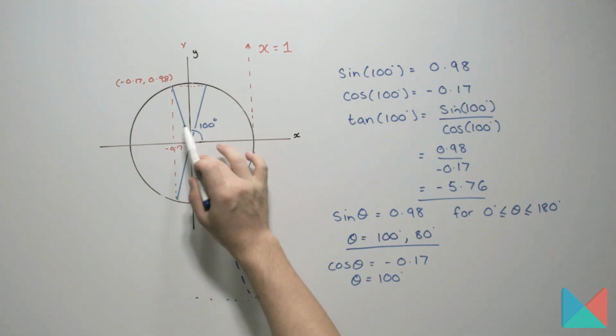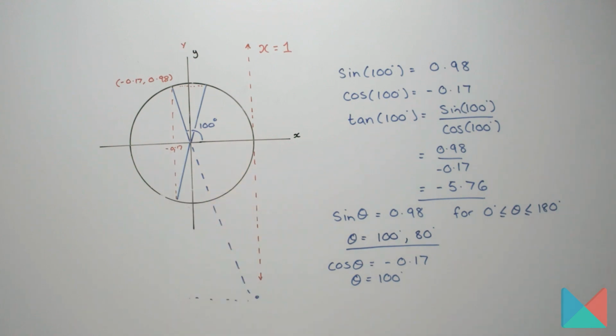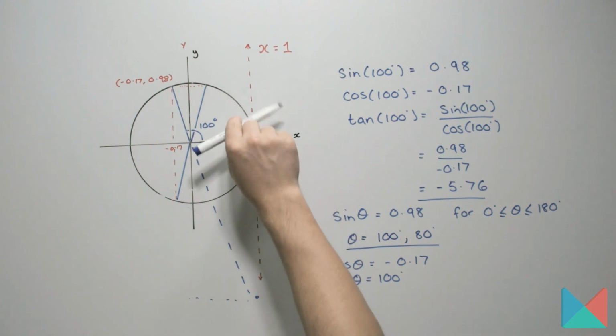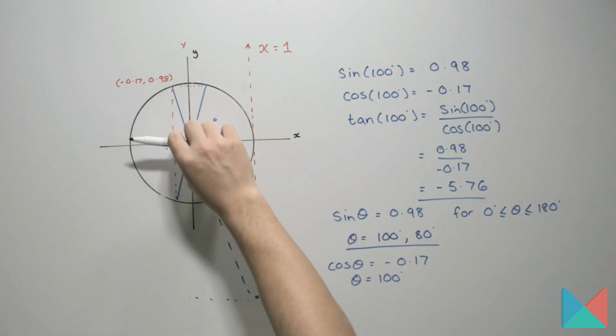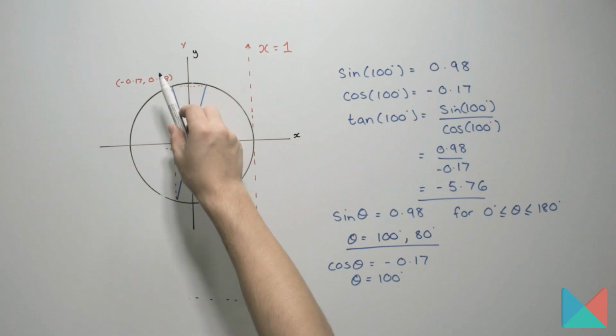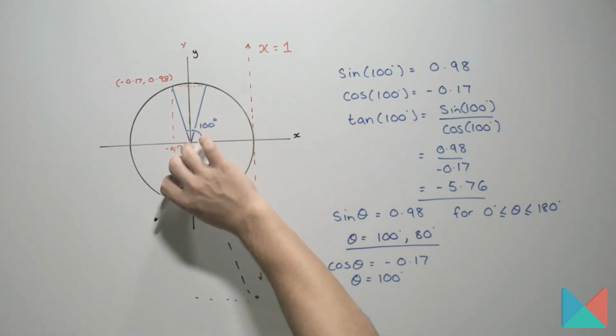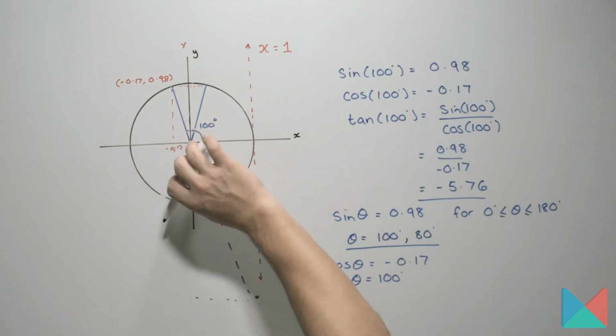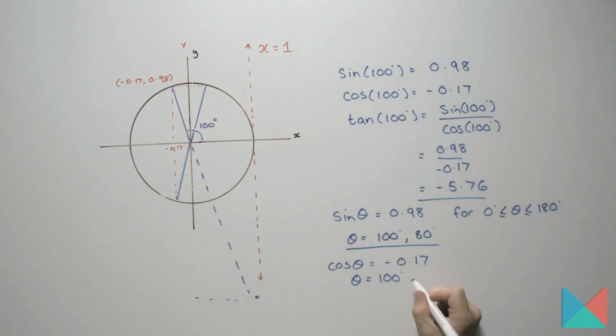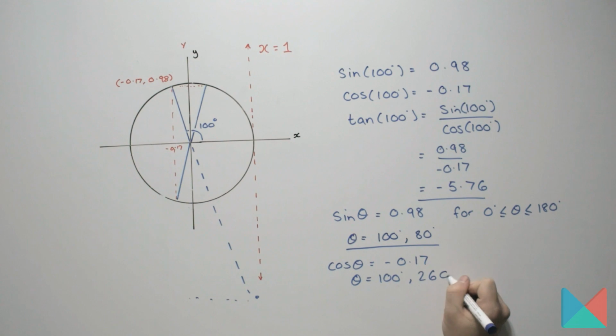And so this angle here in the third quadrant of the unit circle will actually also have a cos value of negative 0.17. And to find this angle, we have to go around 180 degrees, and we take 80 degrees to get to this angle, but if we add 80 degrees, we'll get to this angle. And so 180 plus 80 degrees will give us an angle of 260 degrees.